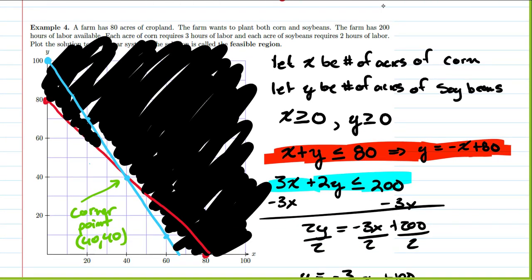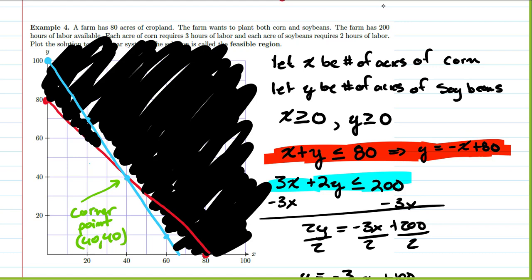So this tells us that if we picked any point in there, it would be less than 80 acres of cropland, and it would also be less than or equal to 200 hours of labor to plant that much corn and soybeans, right? So the point of intersection is 40, 40.